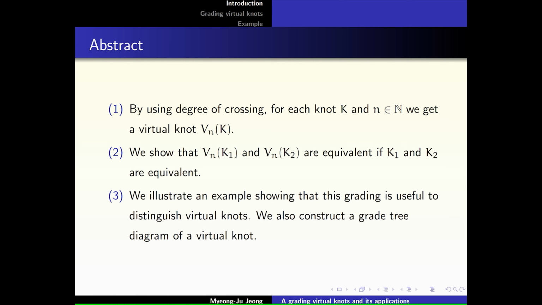By using this process, we can compare two virtual knots. Usually, V_n(K1) and V_n(K2) are much simpler than K1 and K2.